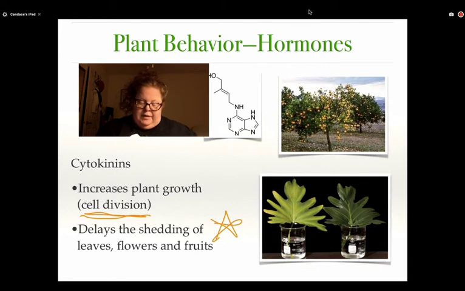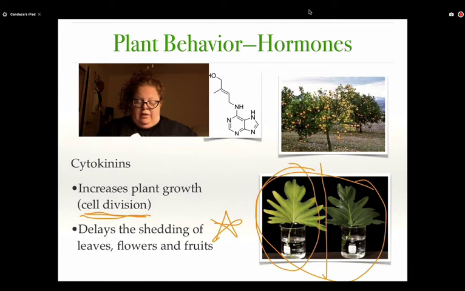For example, in this picture, these two leaves were taken off of a plant, and the one on the left was left untreated, and the one on the right was exposed to cytokinins. And you can see the one on the right looks shiny, it's bright green, it looks like it could still be on the tree.